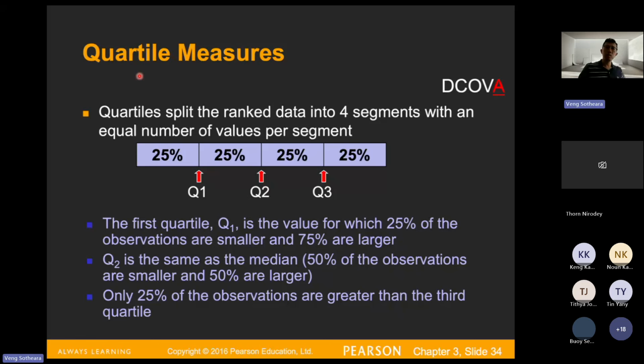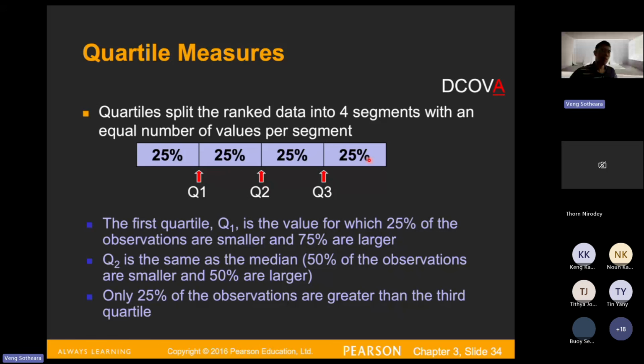Okay, everyone. Quartile. Okay. Or in Khmer we just call it katil. Okay, katil. So quartiles are positions that divide the whole data into 4 equal parts.